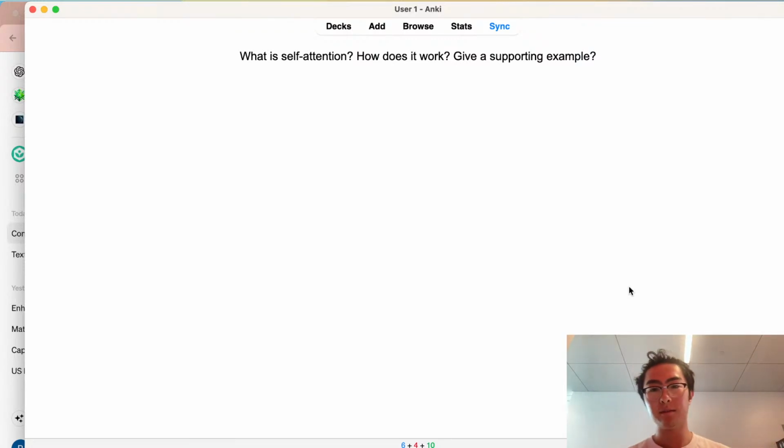So you're not actually modifying your input at all. The query, I think, is trying to answer, what am I looking for? The key is maybe answering, what do I have to give?